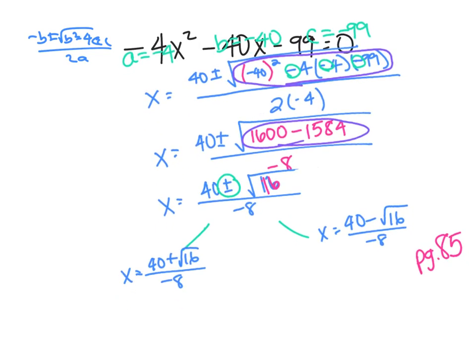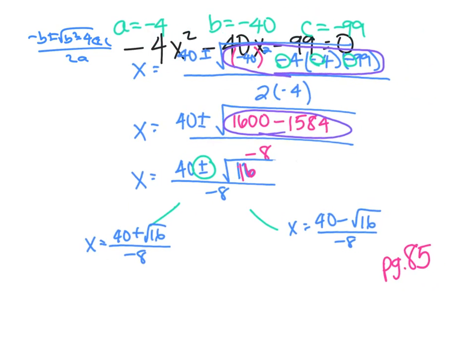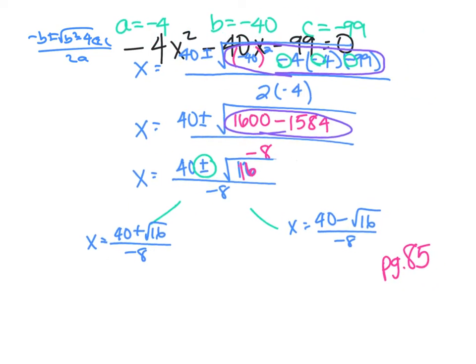So let me scroll down a bit here so we can see what we're doing. So first, our square root. We have the square root of 16, which if you type that in a calculator is an exact value. The square root of 16 is 4. So this turns into 40 plus 4 over negative 8.